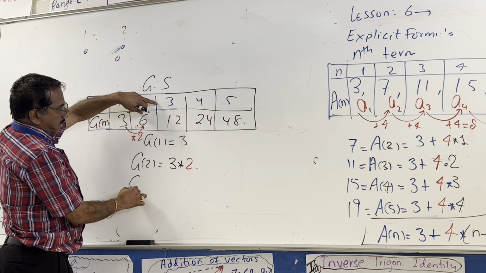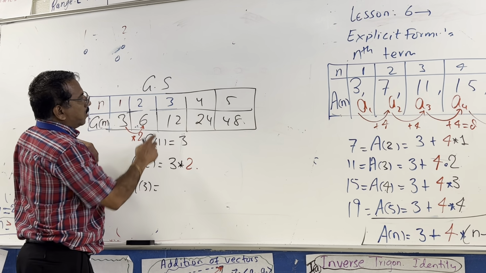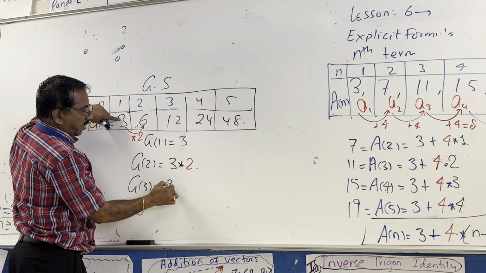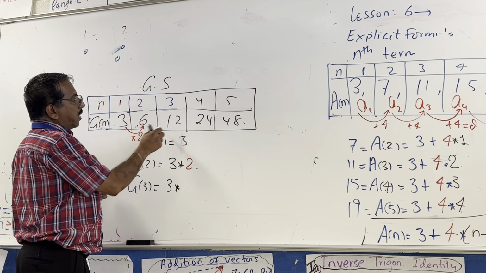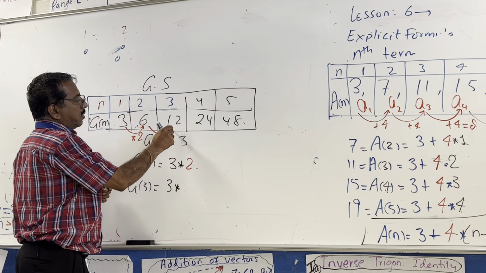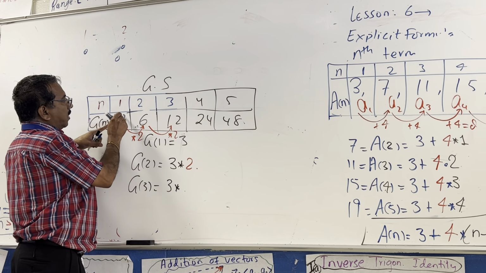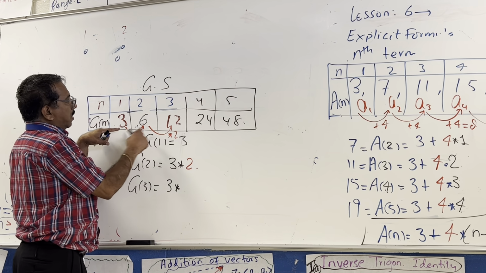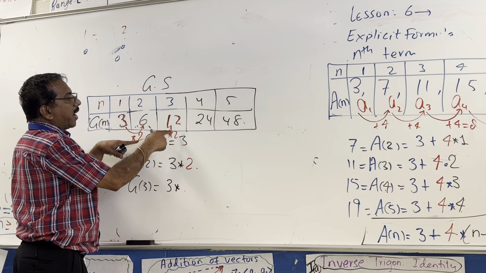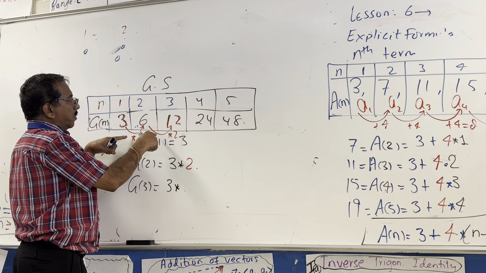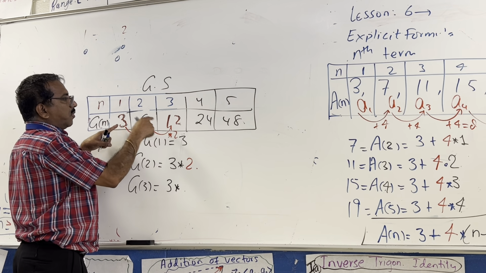The number in the third position, you start with 3, but how many times did I multiply now? To get 12, you multiply by 2 twice, because 3 times 2 is 6, 6 times 2 is 12.